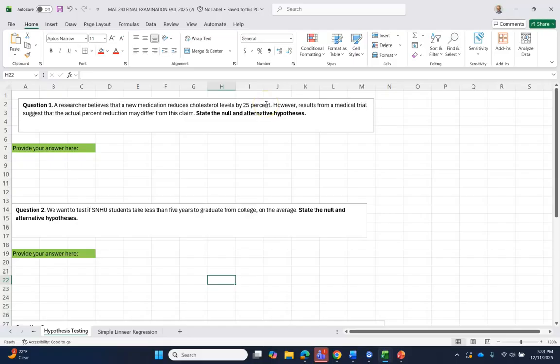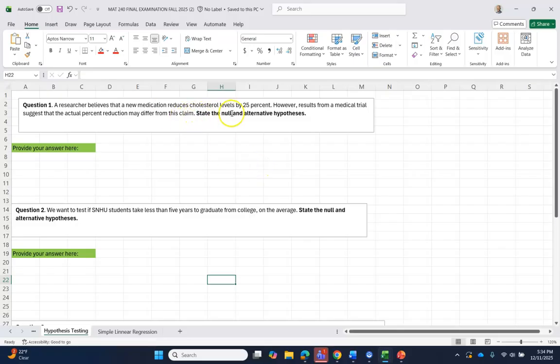And you can remember that when we state our hypothesis, the null hypothesis goes with the information which is available, or the current belief, or the perception. Then it says, however, results from a medical trial suggest that the actual percent reduction may differ from this claim. So this is an alternative interpretation of what has been believed.